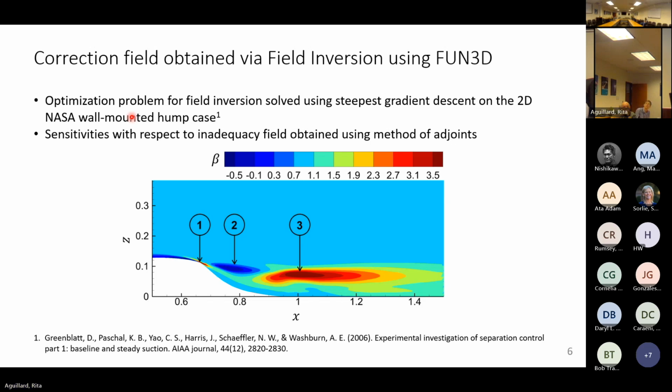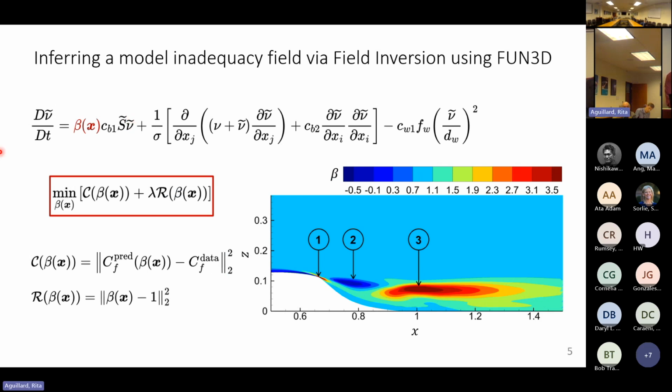So if you change the grid, the results stay the same, this adjoint or this beta stays the same? I haven't checked that, but I suspect it should remain the same as long as the way this problem is posed remains the same.